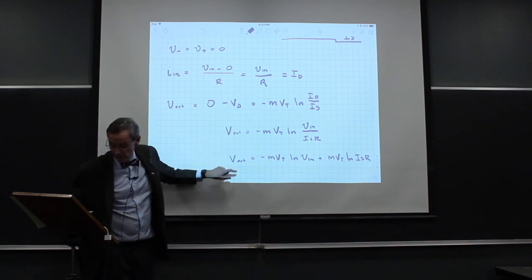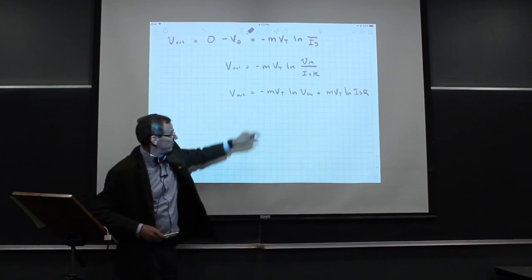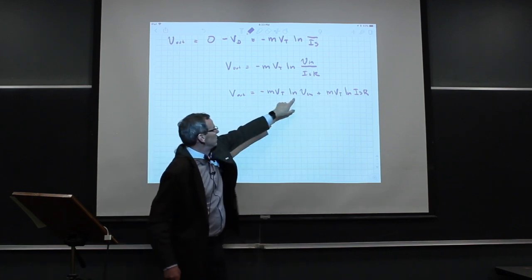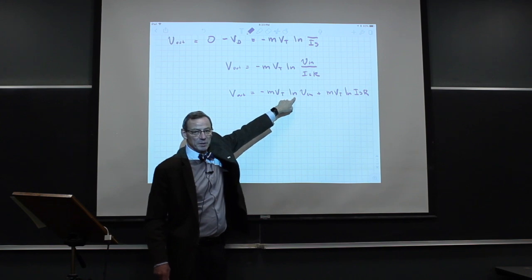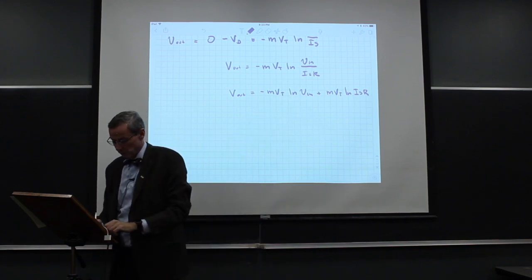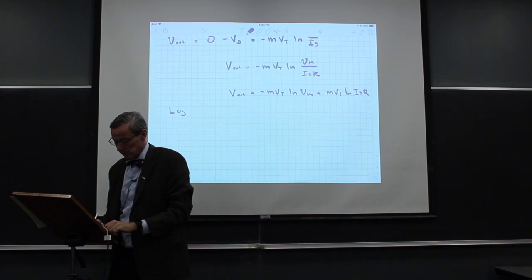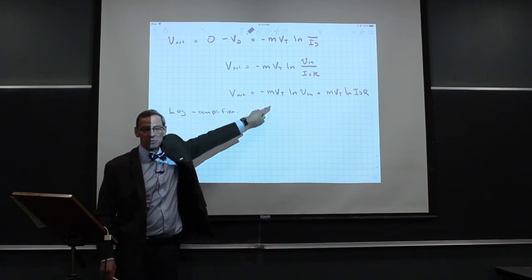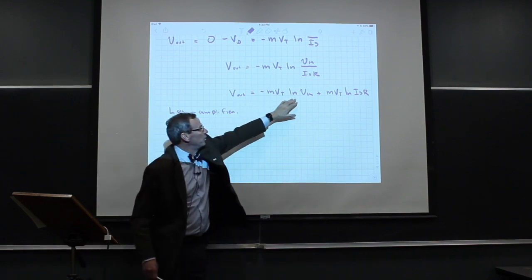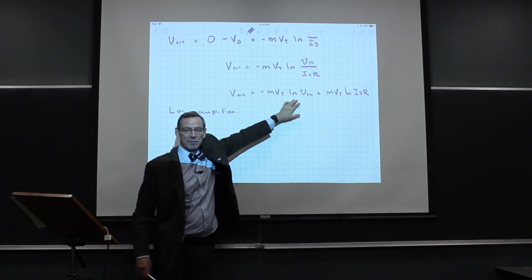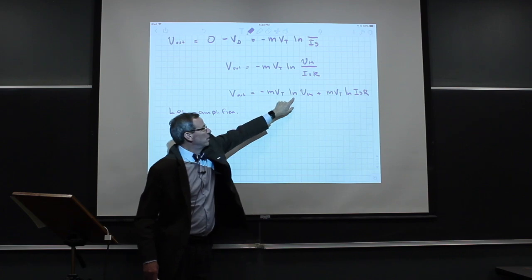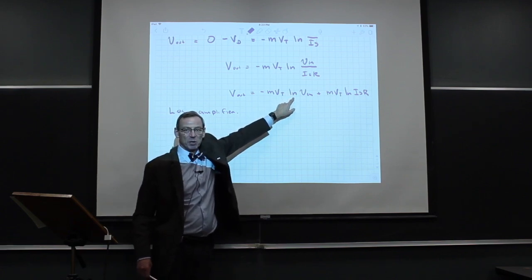So the interesting thing here is this piece here is all constants, and the output voltage is proportional to the log of the input voltage. So what we have is a logarithmic amplifier. The output is proportional to the log of the input voltage. So if we have input voltages that vary over wide orders of magnitude, this circuit will have an output voltage that goes like the log of that, so it'll vary over a much smaller range of output.